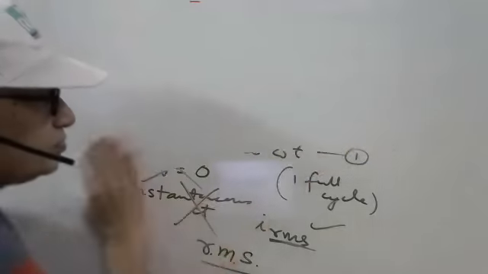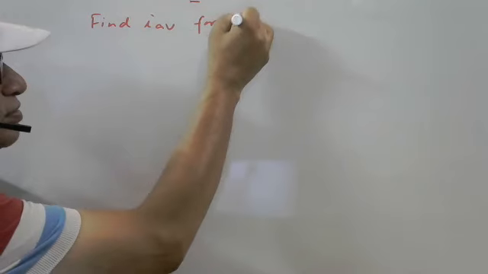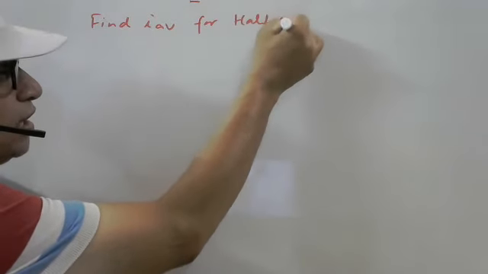So now the first expression in AC. These two derivations normally come in board examinations, not in competitions, because derivation does not come at all there. But in boards, derivations normally come for RMS and average value. So now find the average value for current and voltage for the half cycle.